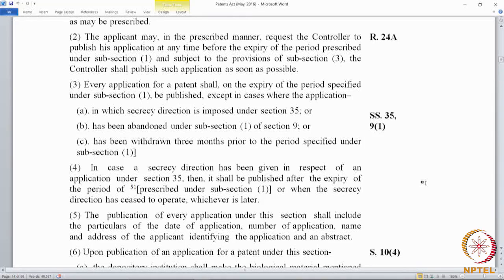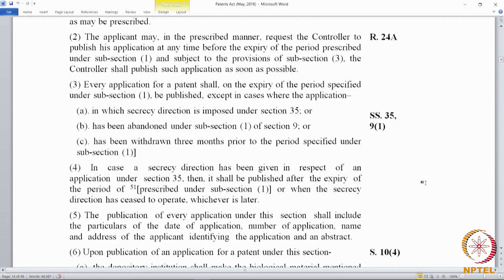But the patent office does look into the application to see whether any secrecy direction should be passed under section 35, if there is something covered in the patent which could affect the national security or defense of the country. Now, if a secrecy direction has to be passed, then there has to be some level of scrutiny, because without that you are not going to pass that. So, that is done in most cases, or it is presumed to be done whenever an application is filed.